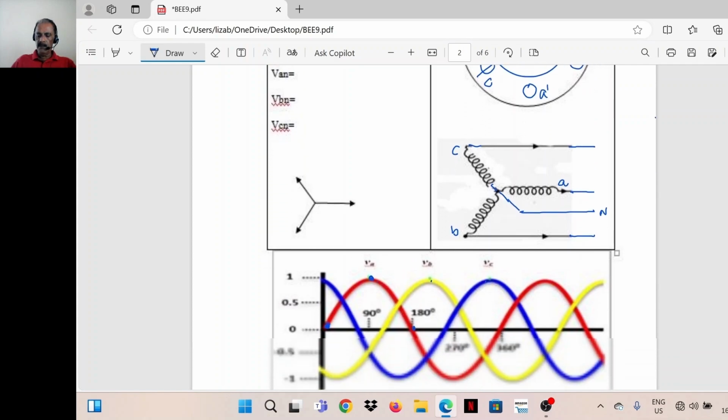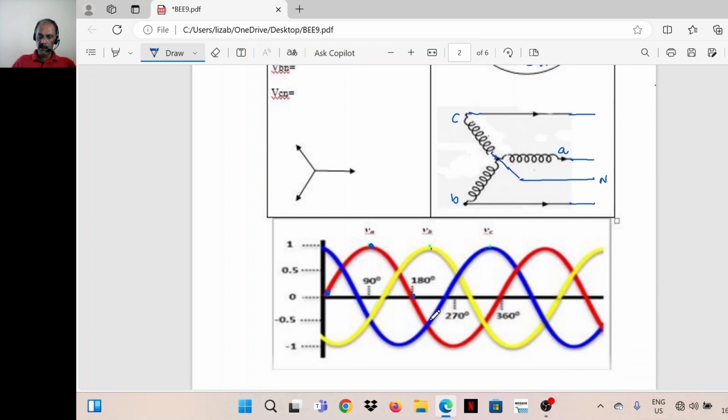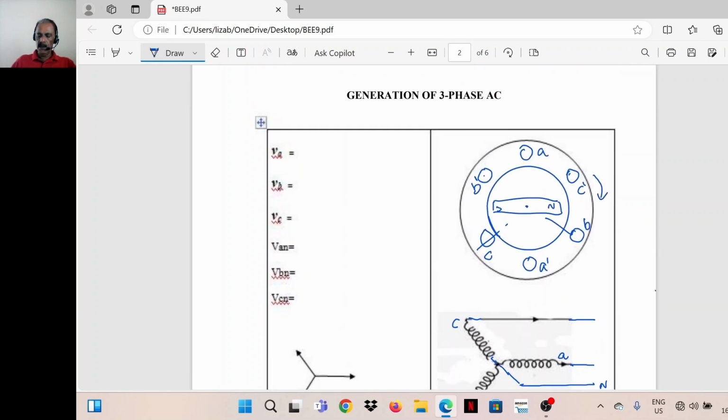That means polarity of the induced EMF reverses. It goes to the negative half cycle. So I am taking this voltage as a reference. That means voltage induced in coil A can be written as Vm sin omega t. Vm sin theta or Vm sin omega t.